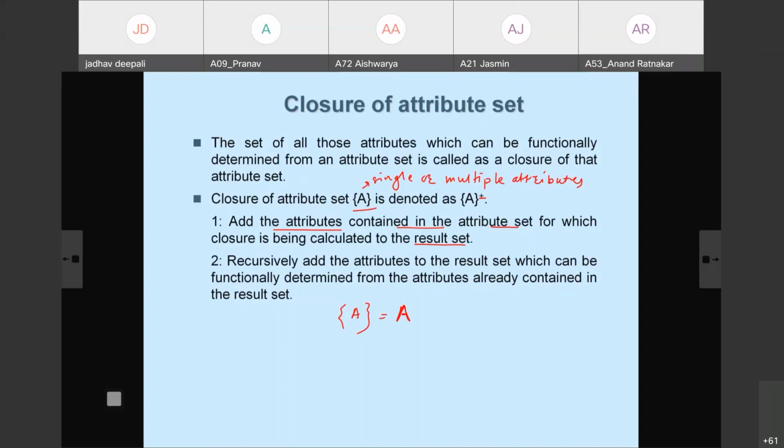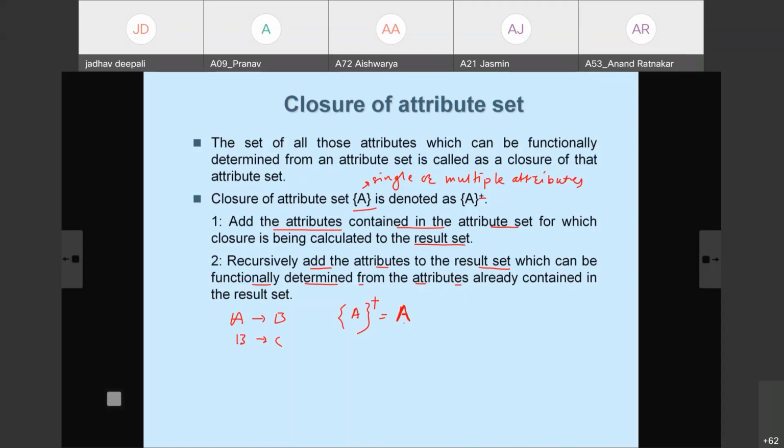Recursively add the attributes to the result set which can be functionally determined from the attributes already contained in the result. Suppose there is a set of functional dependencies A tends to B, B tends to C, and we are finding attribute closure A. First add A into the result, and then recursively add the attributes which can be functionally determined from the attributes already in the result set.